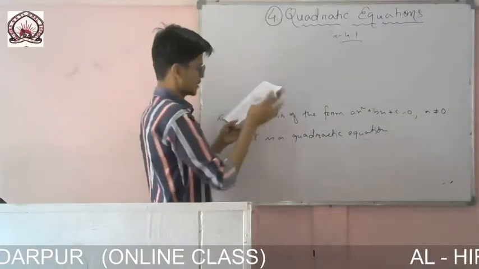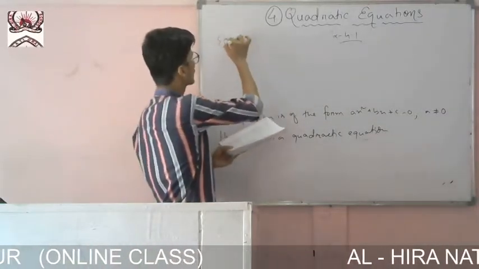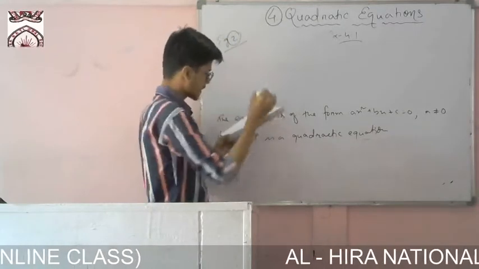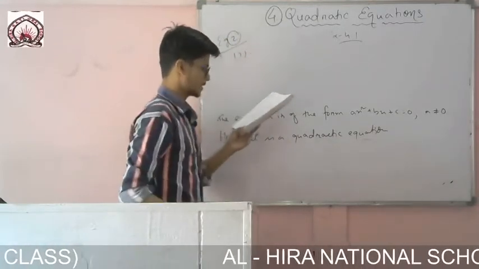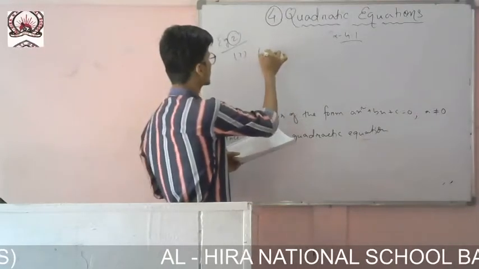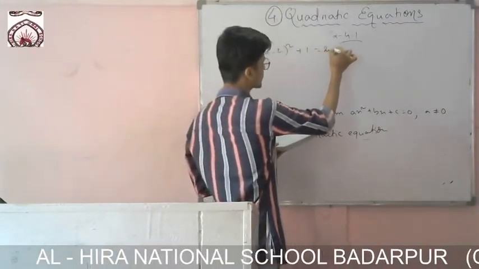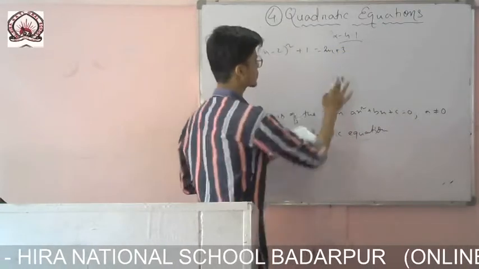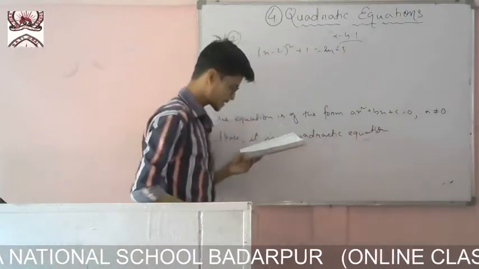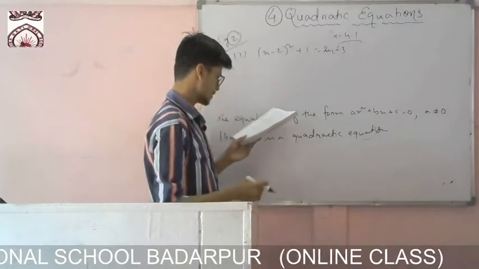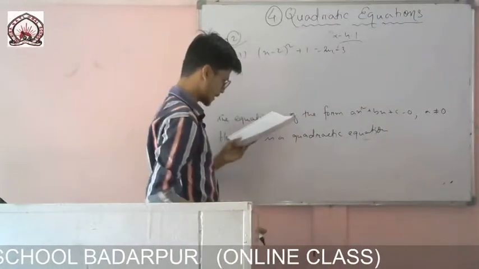So first one, this example 2, first question, Roman number 1. The equation is given like this: x minus 2 whole square plus 1 is equal to 2x minus 3. After solving this one, what came as the value?